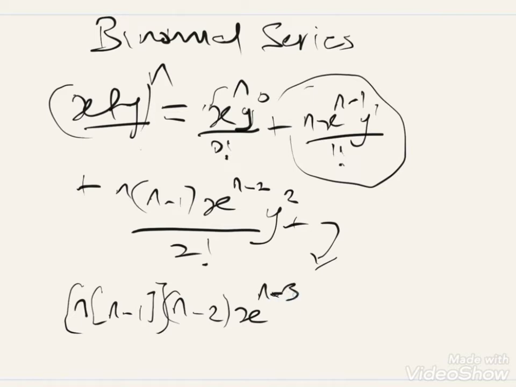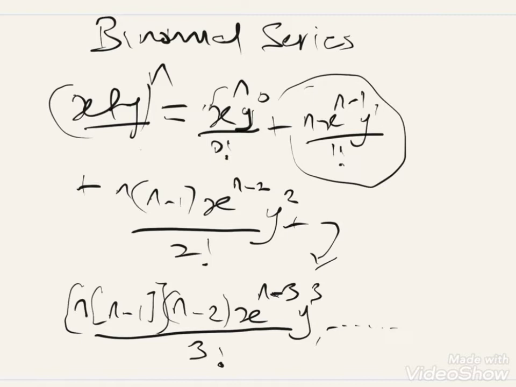When you subtract 1 from minus 2, you shall have minus 3, so n minus 3, then times y raised to the power 3 divided by 3 factorial, then till infinity. So that actually is the binomial formula.